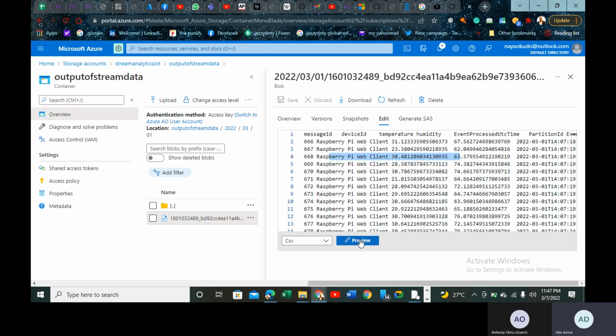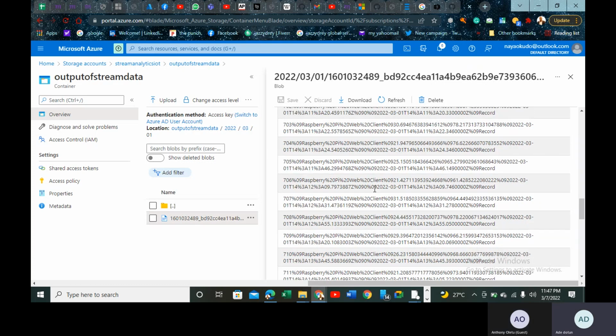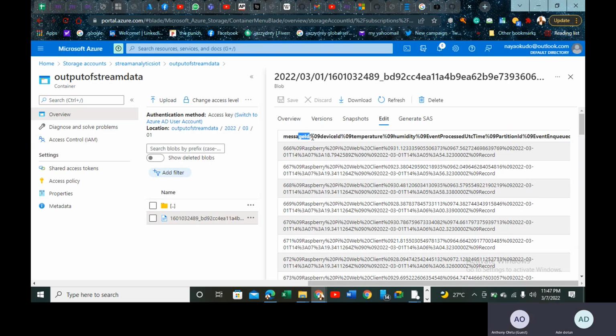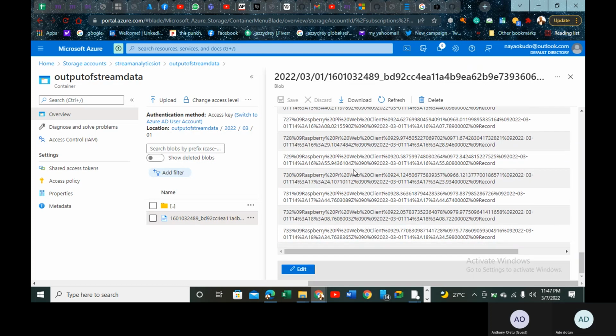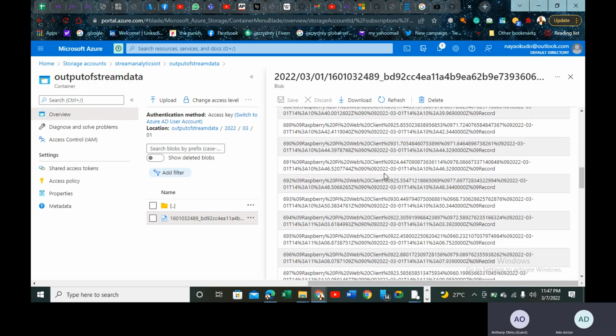If I preview now, you will see the way it looks: message ID, device ID, temperature, humidity, and these should be different tables now.